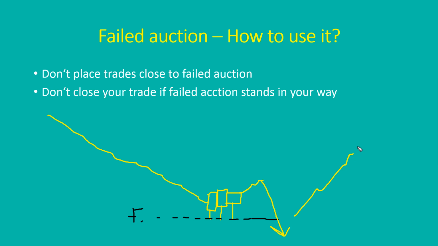So if there's an uptrend, then there is a failed auction at the top, and a little pullback, then don't quit your position there because of the pullback. It's very likely that the failed auction will get tested, that the price will go above it. So hold on to your trade and wait until the test above this failed auction.